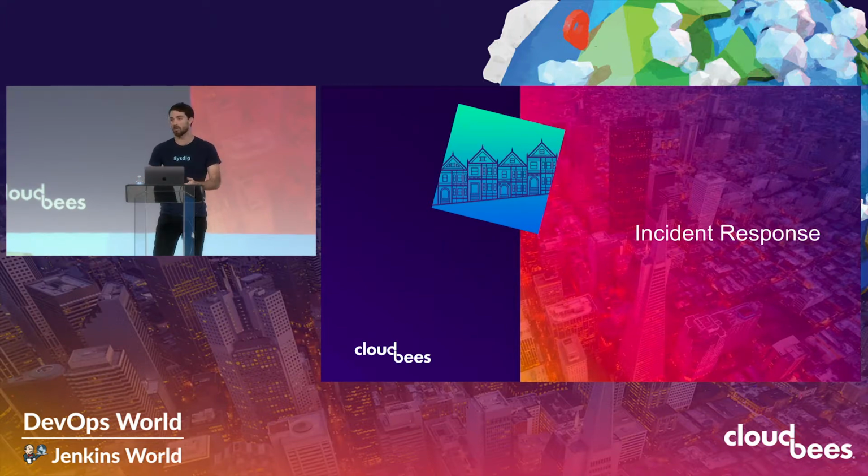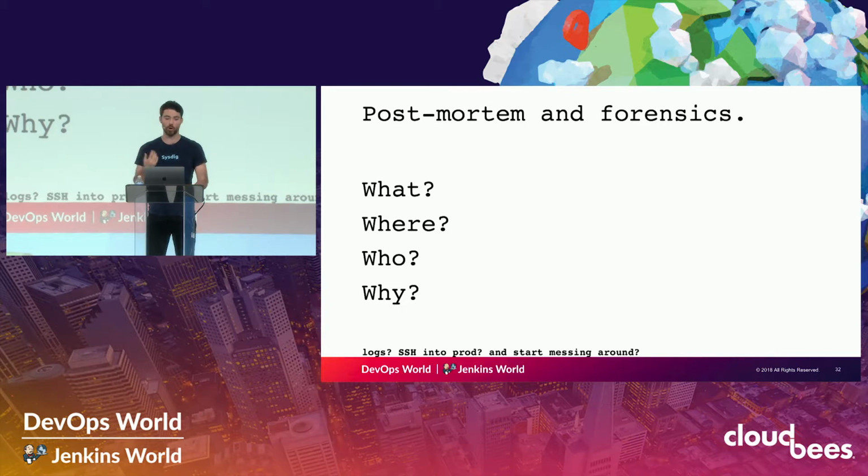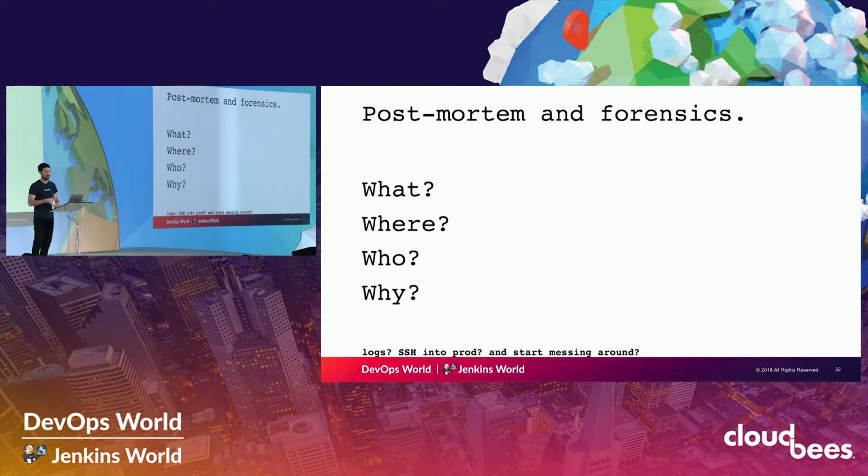So if anything happens to a container, by the time some human can actually go in and try to do any forensics or any investigation, that container is completely gone. And so you need to have preemptive data collection and methods to actually be able to see what happened before, during, and after any incident. So kind of the what, the where, the who, and everything else that happened in production.